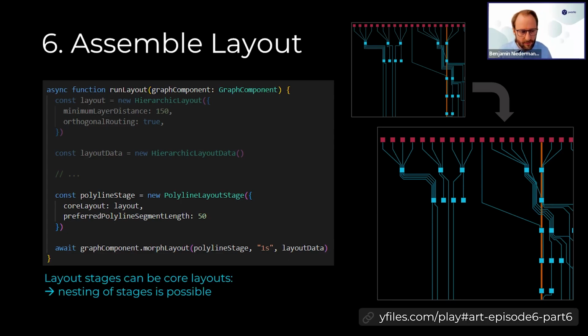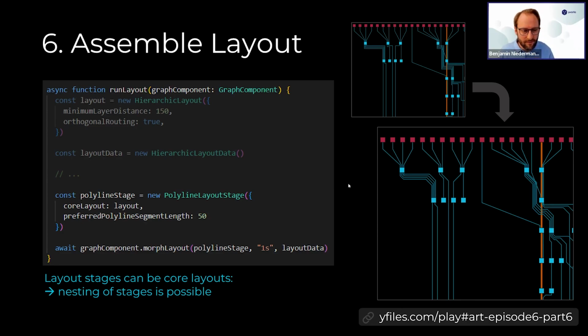At this point, I also would like to mention that layout stages can be core layouts again. So basically a stage also implements the interface of an ILayoutAlgorithm, which means that you can nest these stages. So you can apply several stages and then the core layout by just defining, for example, another stage that takes the polyline stage as core layout.